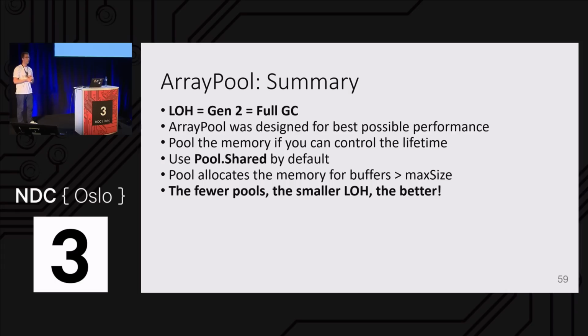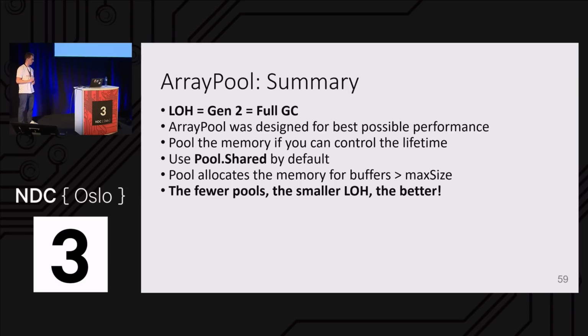So every large object is considered to be a Gen 2 object, which means full garbage collection when we run out of space in the large object heap. ArrayPool was designed for the best possible performance. It was tuned by people like Jan Kotas and Stephen Toub and Ben Adams. I don't think that we can go any further. It's a pool for pooling managed memory, and you should use Shared by default.